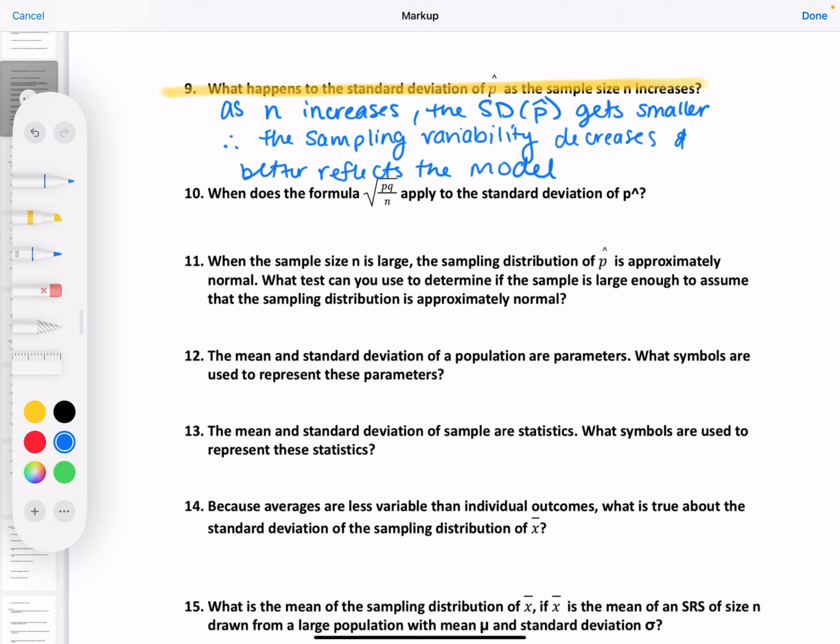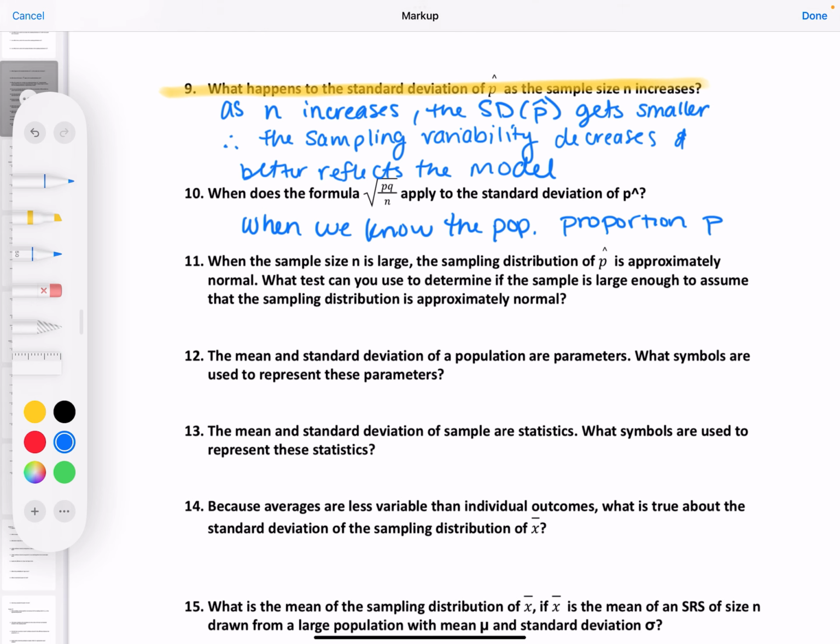So when does the formula square root of PQ over N apply to the standard deviation of P hat? It is when we know the population proportion P. When the sample size n is large, the sampling distribution of p hat is approximately normal.